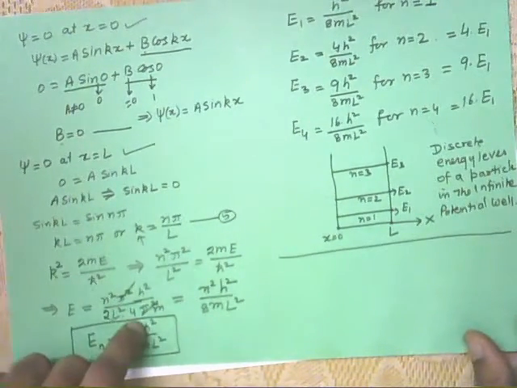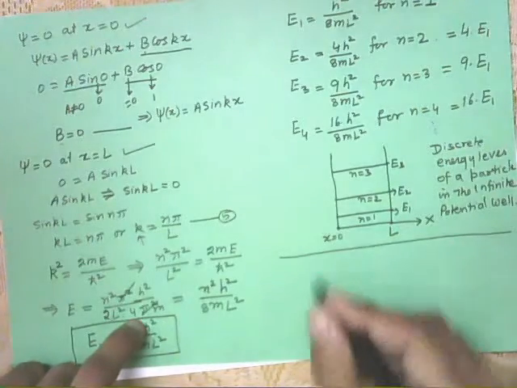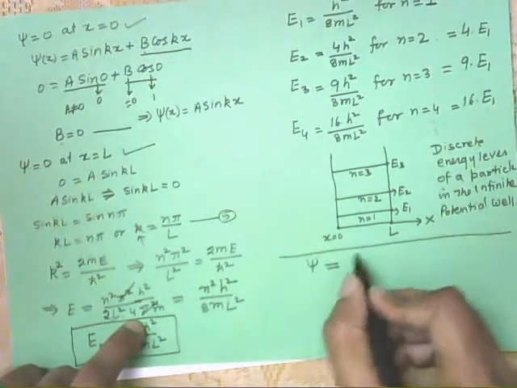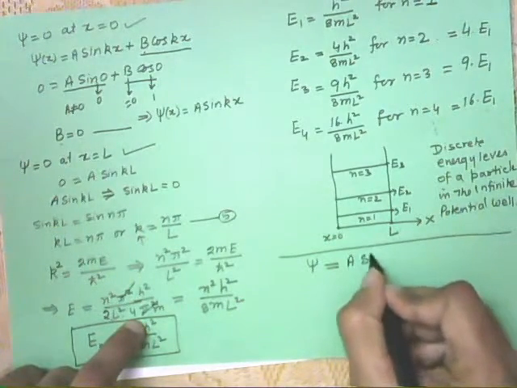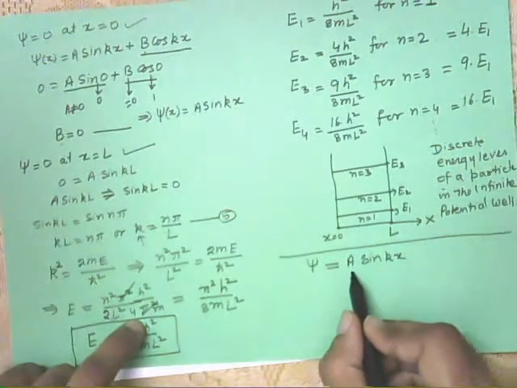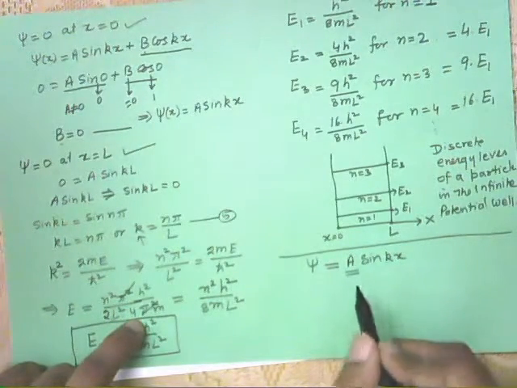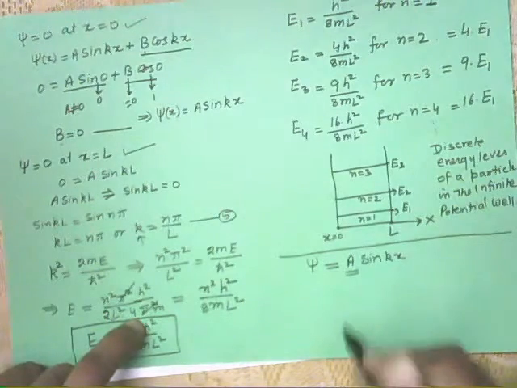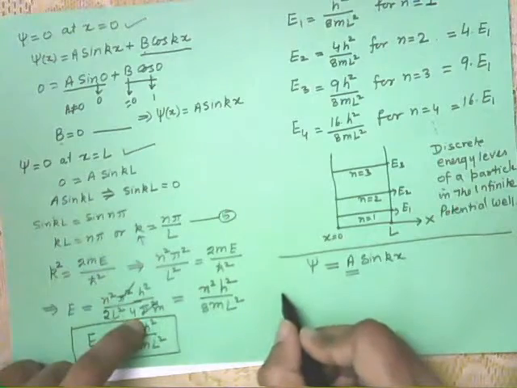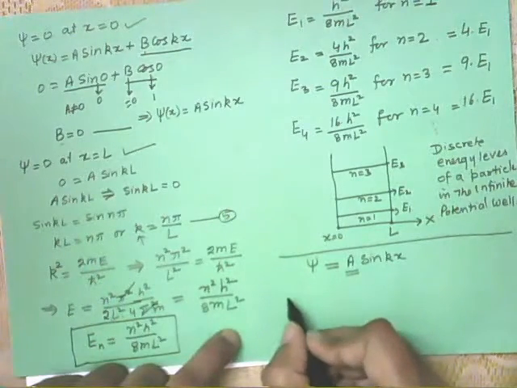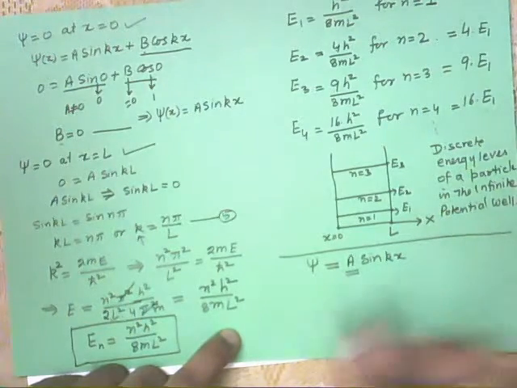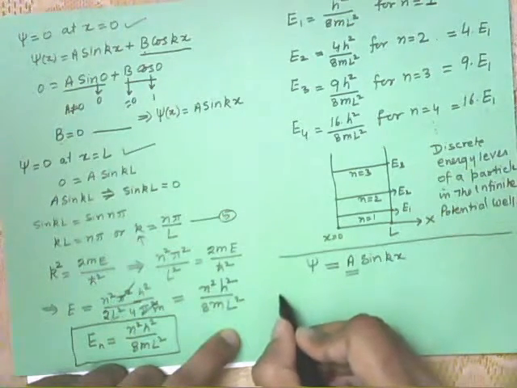For this purpose we have to use the normalization condition, because we have the function psi is equal to A sin kx, but we don't know A, and this wave function is not normalized. So we have to make this wave function normalized using the normalization condition. So what is the normalization condition?